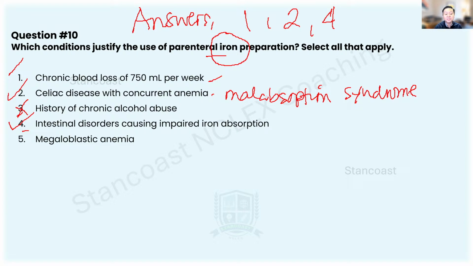So the parenteral iron preparation is not typically required unless there is concurrent iron deficiency. So we are going to eliminate this one. So the correct answers will be 1, 2, and 4.